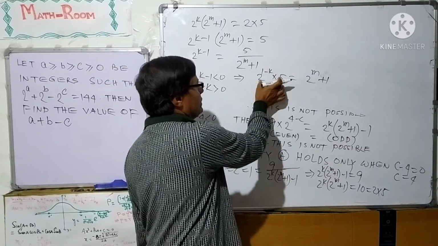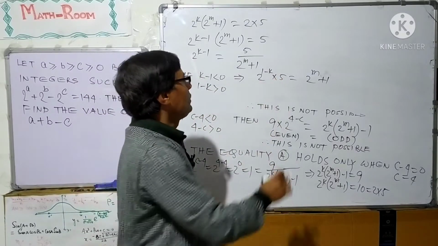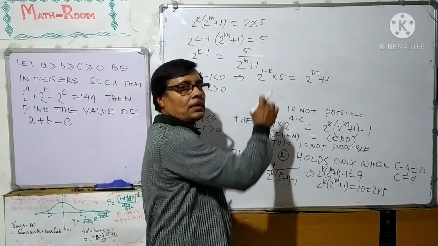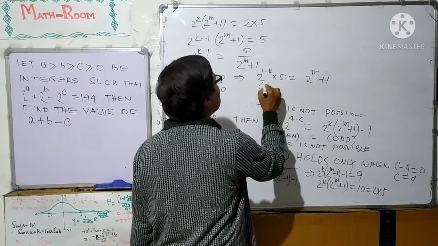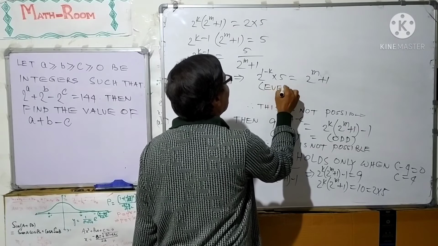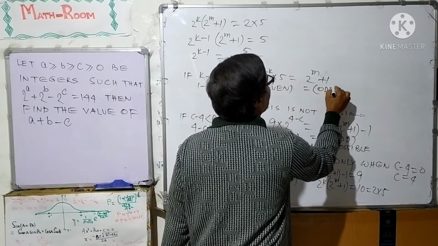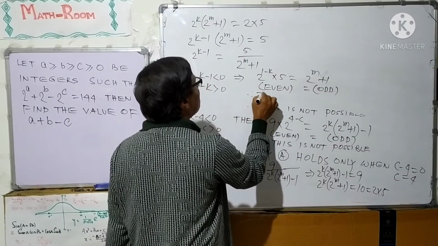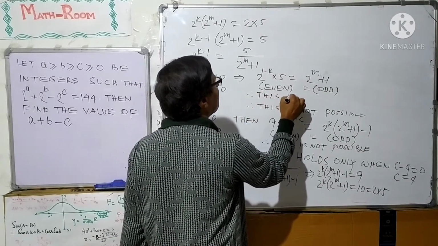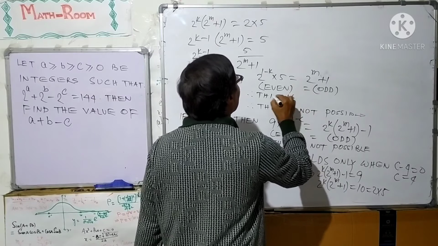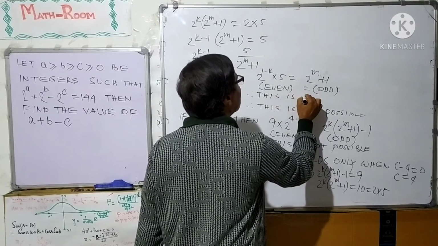So, this number is an even number because it has at least one factor 2, but this is an odd number. So, this is not possible. In the same way, this is not possible.